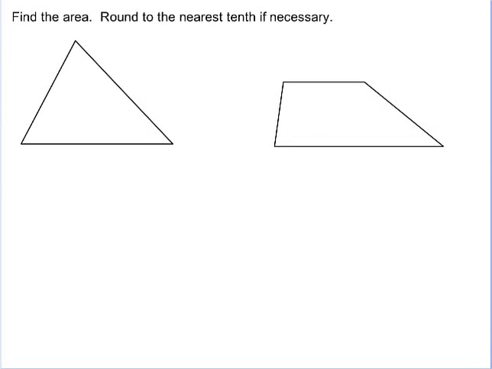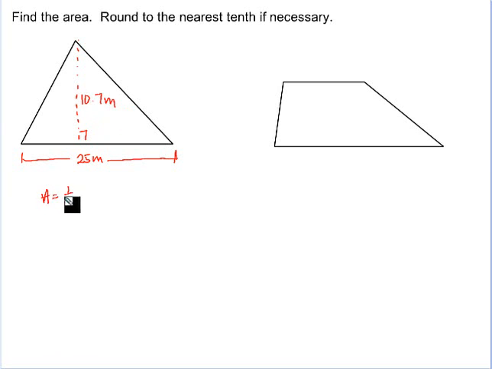Next up, we'll be finding the area of this triangle and rounding to the nearest tenth if necessary. So here in this triangle, we are given that this base is 25 meters, and we are given that this height is 10.7 meters.